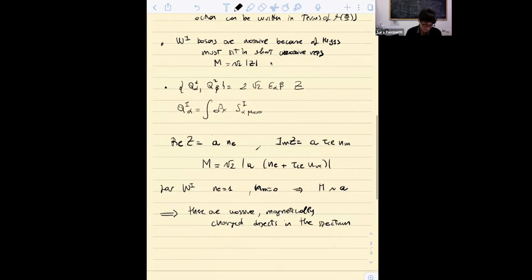And these are supersymmetric monopoles and dyons, and they will play a role today because we will be forced to invoke their appearance to have a consistent description of the low energy effective action. So we will leave this observation here for the moment, and we will come back to these massive magnetically charged objects later on in the lecture to help us solve some problems.